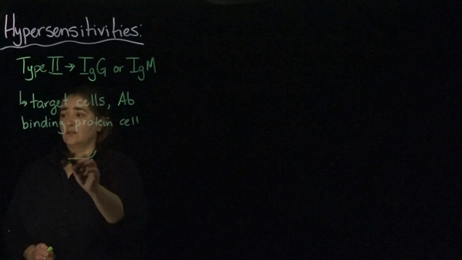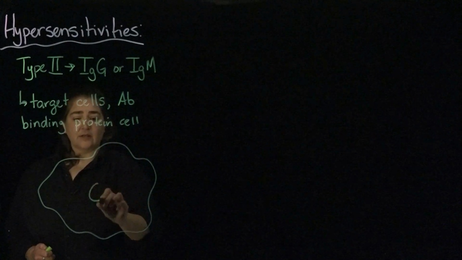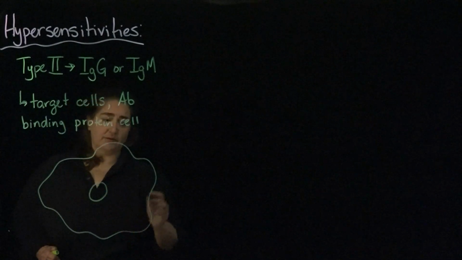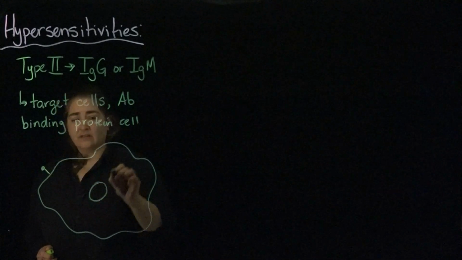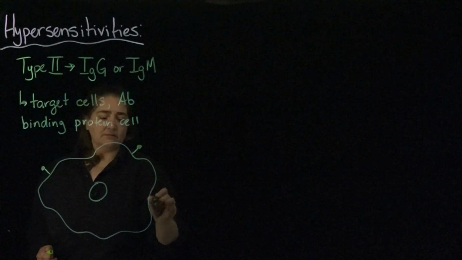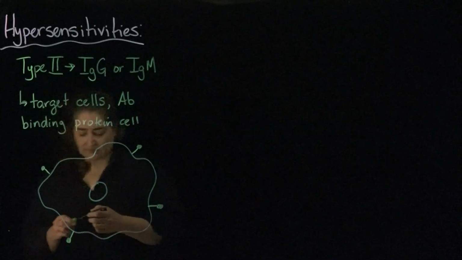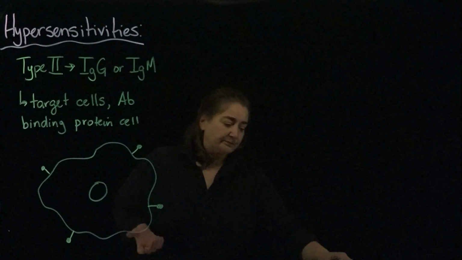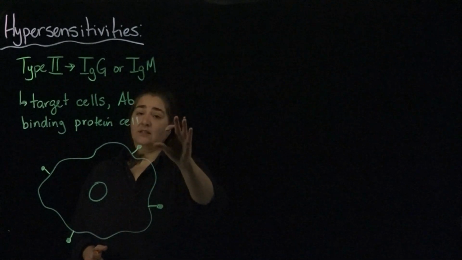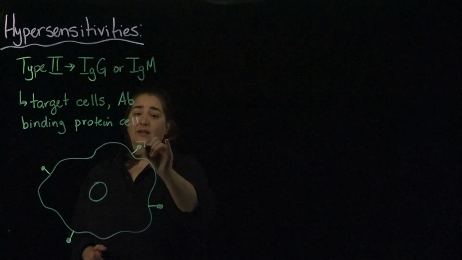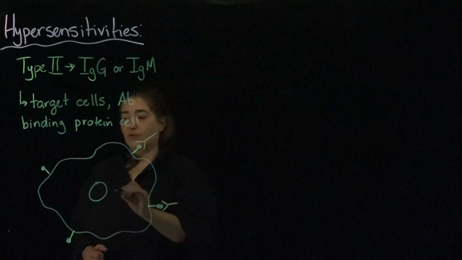So if I go ahead, this is our friendly neighborhood cell here. On the outside of it, there's going to be some protein. And then what happens is the body makes an antibody that recognizes that particular protein.